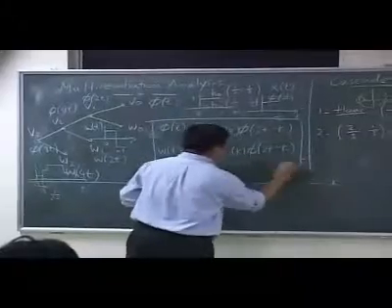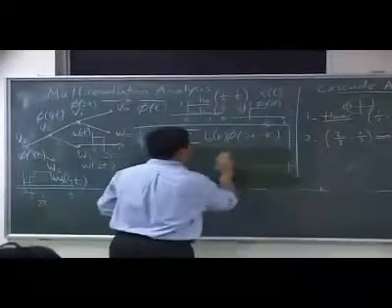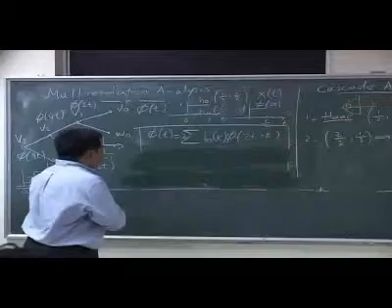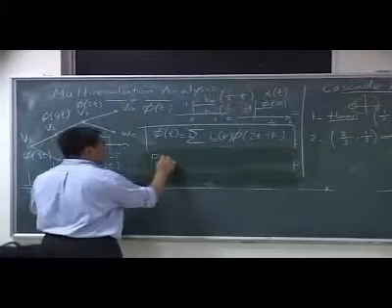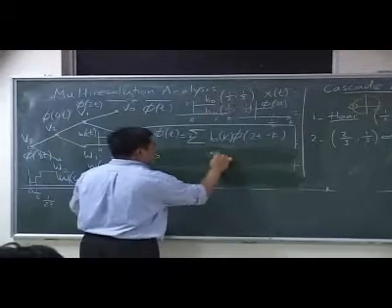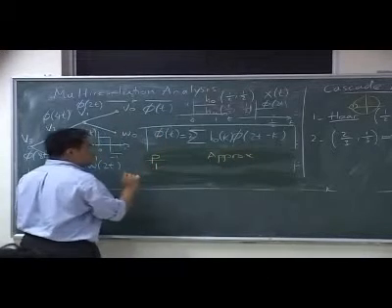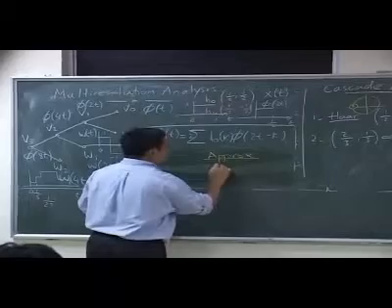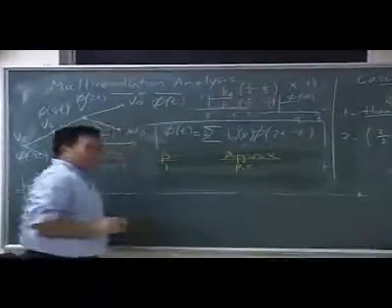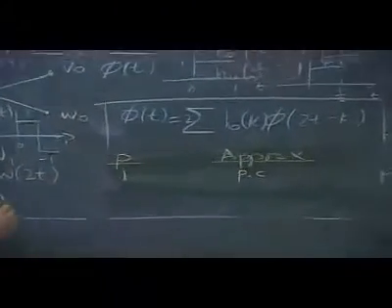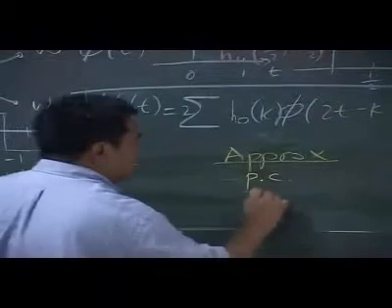Let me make a short table here. P, and the approximation. If P is 1, you can approximate piecewise constant. If P is 2, you can have piecewise linear.